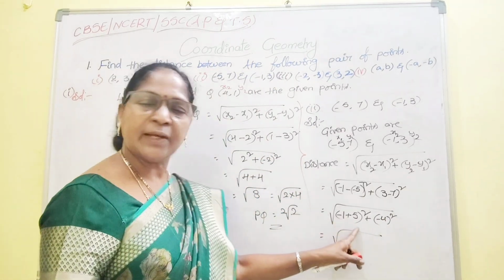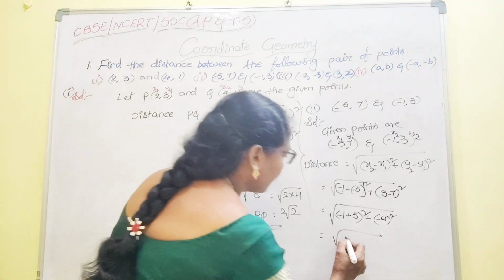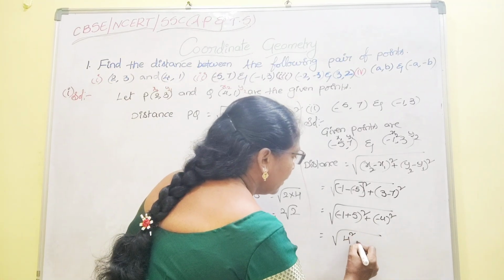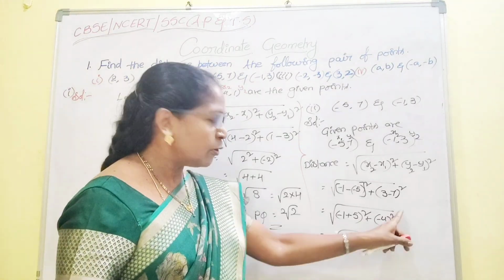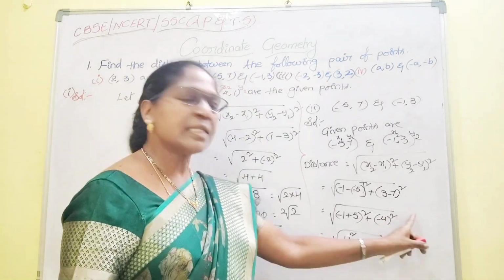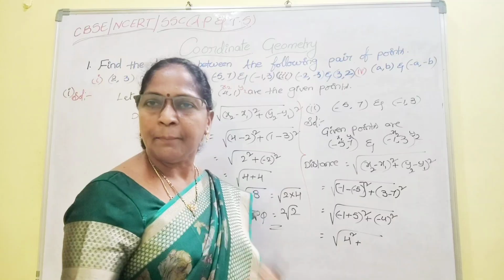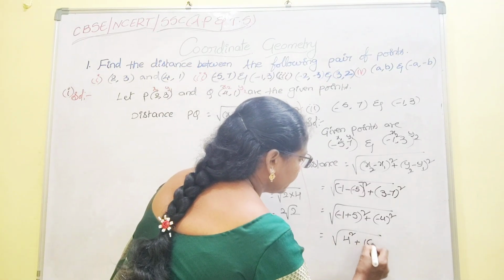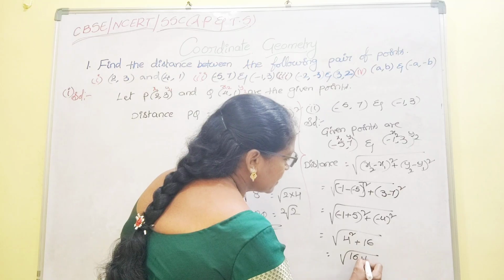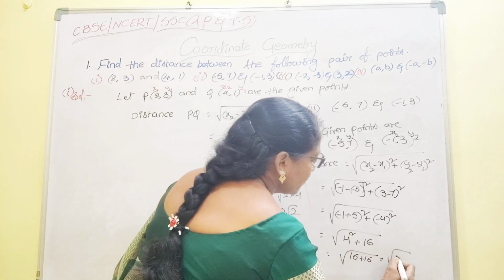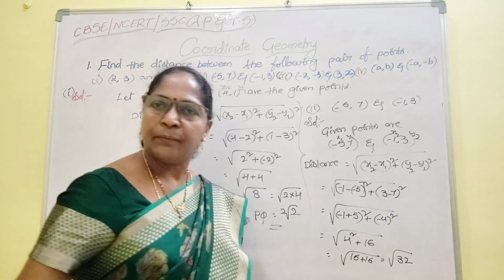Minus 1 plus 5 equals how much? Plus 4. So 4 square plus (minus 4) whole square. 4 square equals 16. (Minus 4) whole square, you will get plus 16. Again square root of 16 plus 16, that equals square root of 32.